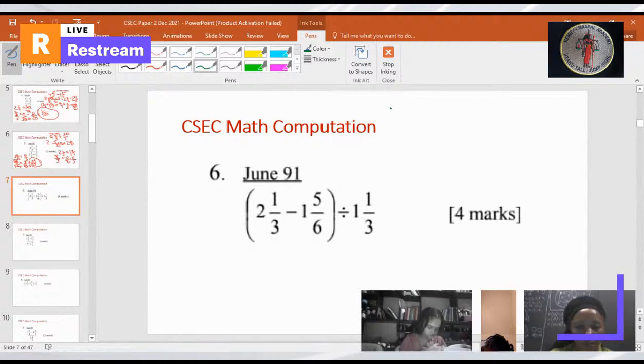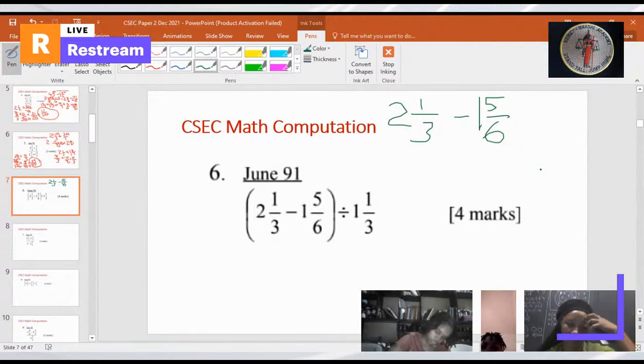Okay, miss, first we're going to solve the brackets. So we're going to work these two. We write 2 and 1/3 minus 1 and 5/6.